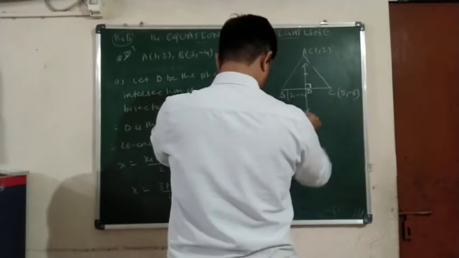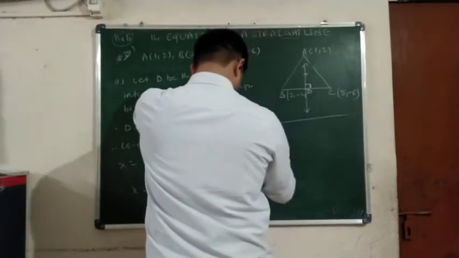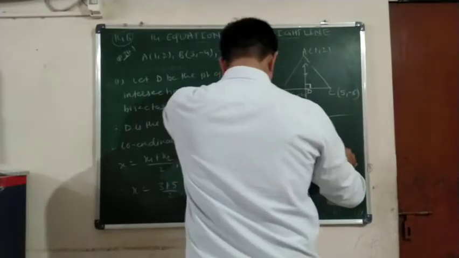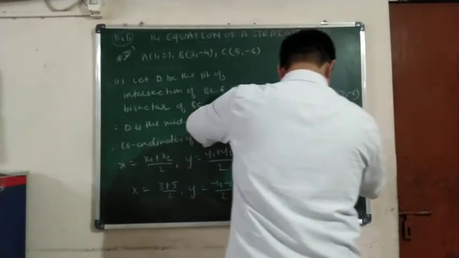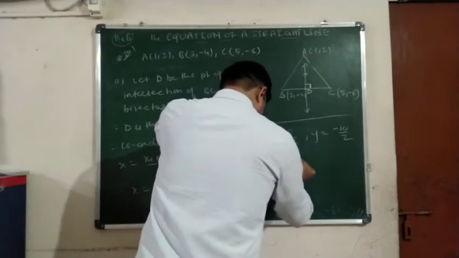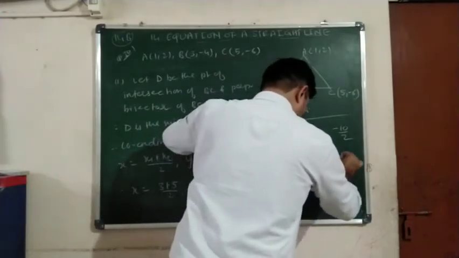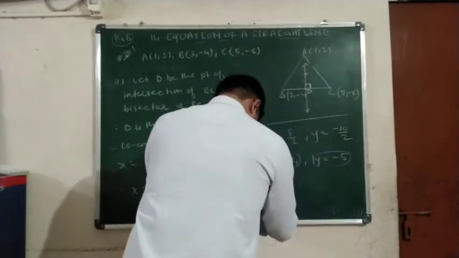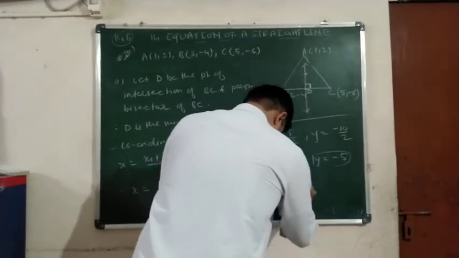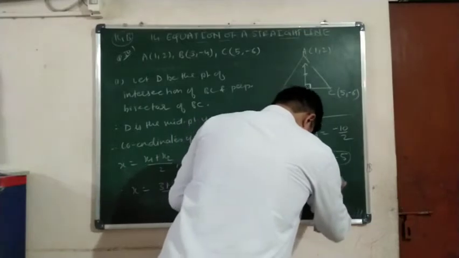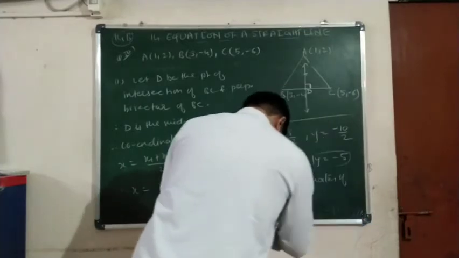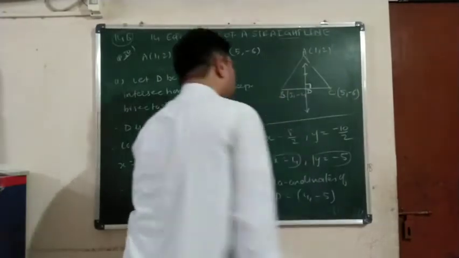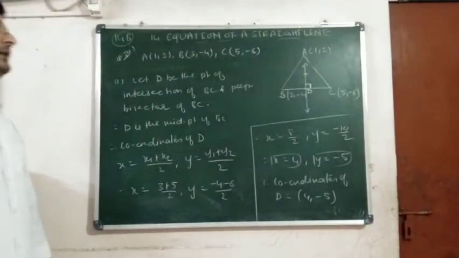Therefore x is equal to 8 by 2 and y is equal to -10 upon 2. Therefore x is equal to 4 and y is equal to -5, and therefore coordinates of D we got to be 4, -5. Clear?